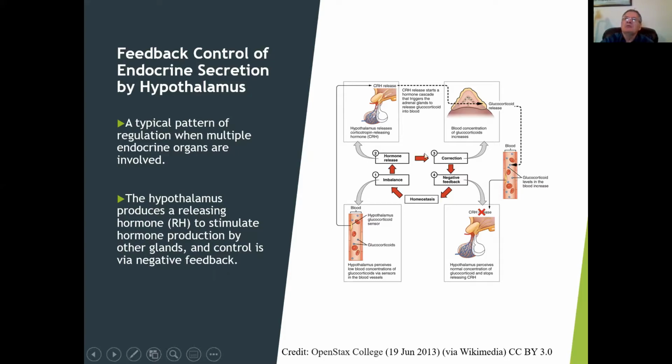That is released into the anterior pituitary gland, which stimulates the production and release of adrenocorticotropic hormone, ACTH. Now the ACTH then stimulates the generation of glucocorticoids, known as cortisol in humans.